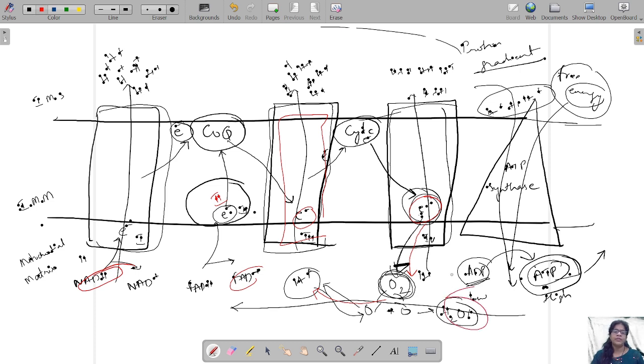So at the end of this cycle, more and more protons get accumulated in your intermembranous space, and this gives you free energy. This proton gradient forms free energy, and that is required for the conversion of your ADP into ATP. ADP is a low energy molecule that needs an energy supply for the conversion into ATP. That energy is supplied by the proton gradient, and the ground rule is that protons generally move from a high energy state to a low energy state.